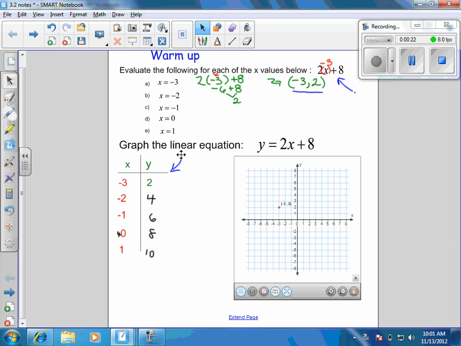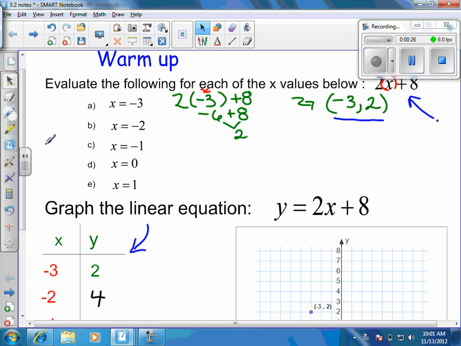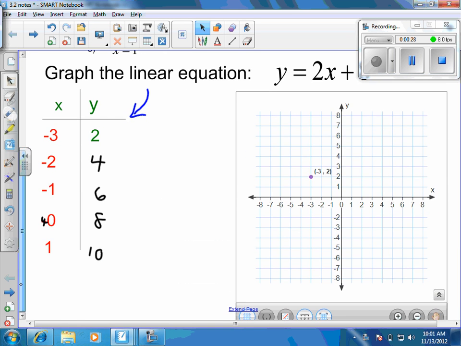the points. So if I were going to zoom in on this a little bit to plot the points, just to review, if I want to plot -2, +4, I always start at the origin and go down left 2 and then up 4, and so I should get a point right there.